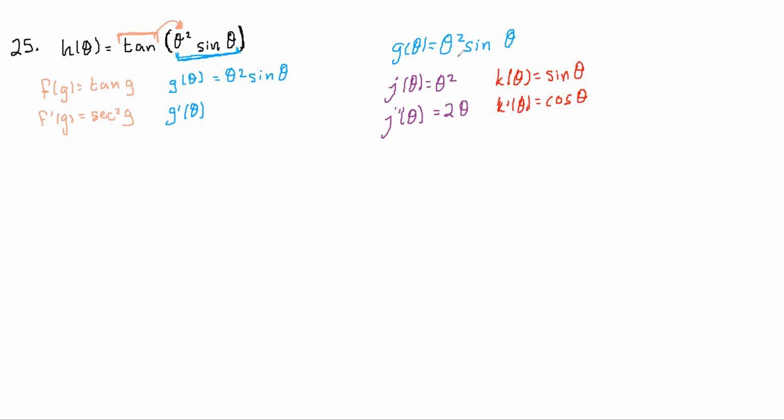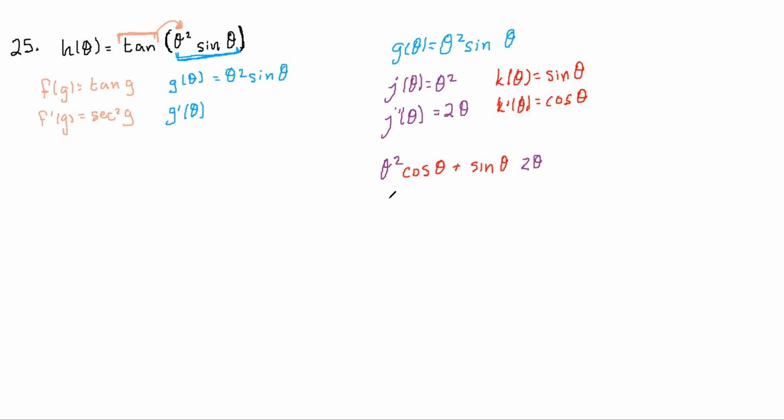So we just did this exactly like we would any product rule problem. We figured out exactly what this is. We're going to put it all together. We're going to say that this is theta squared times cos theta plus sine theta times 2 theta.